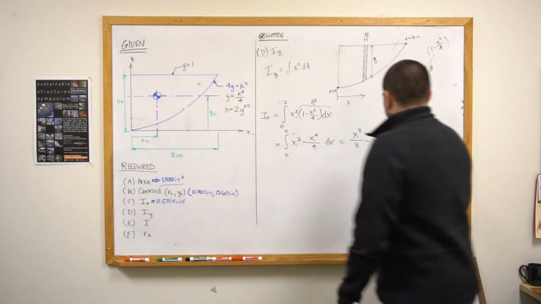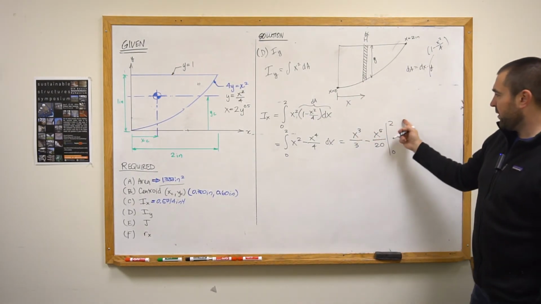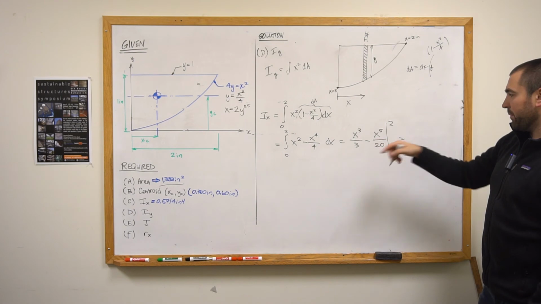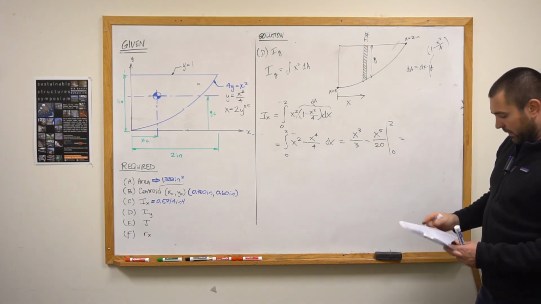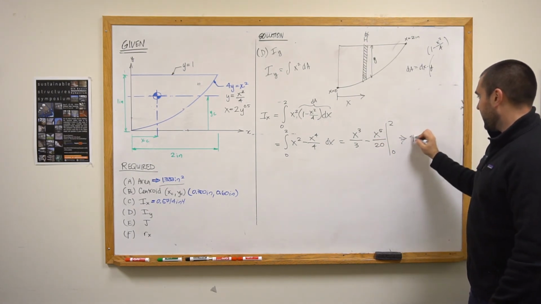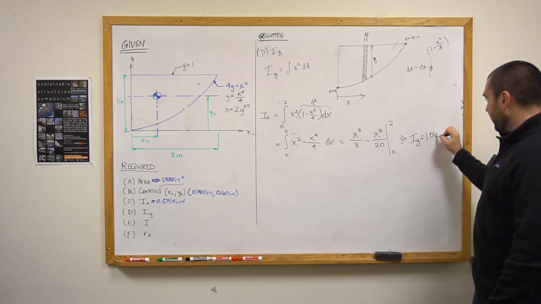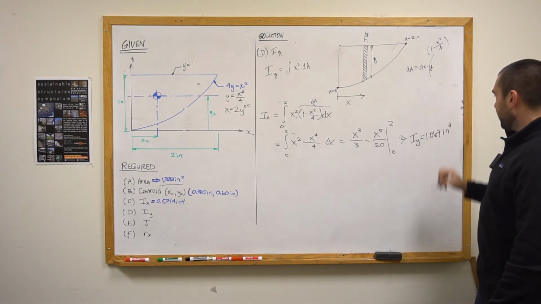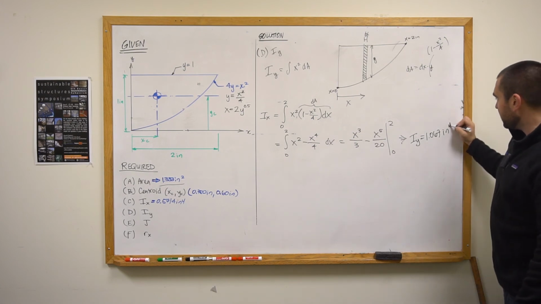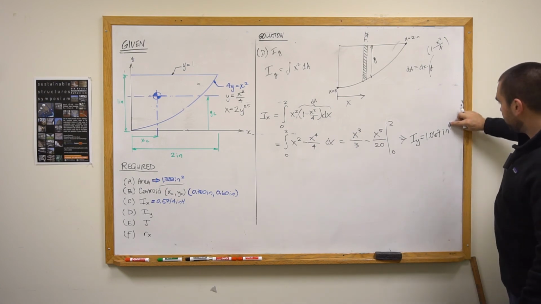And when I do that, all that I'm doing is plugging in 2 here, get the value, subtract by 0, which isn't going to change anything. And I get Iy equals 1.067. And again, the units will still be inches to the 4th.